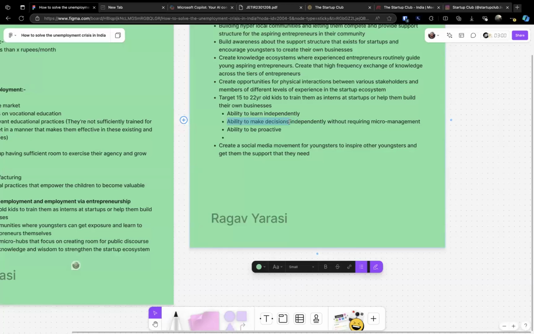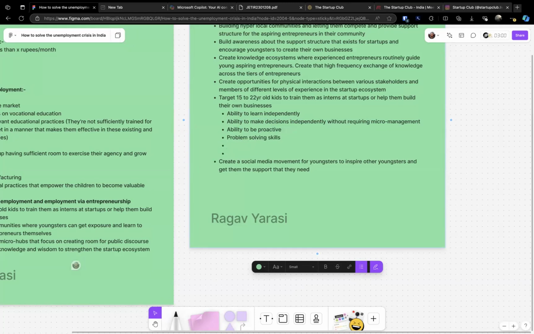You don't have space to make decisions in the education system, and you don't have to be proactive. You just have to walk in the line that they've drawn. So ability to be proactive and problem solving skills.